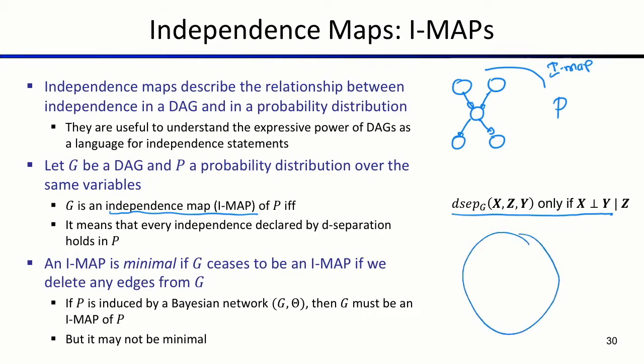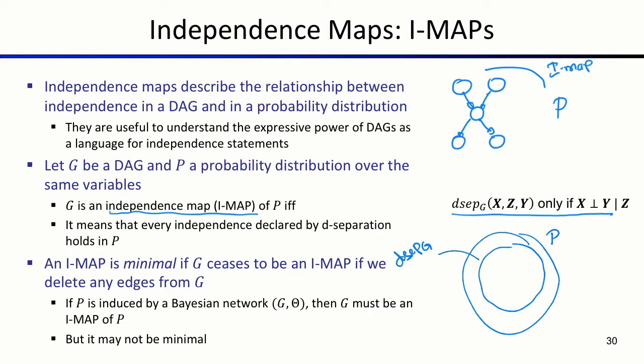So if this represents the set of all independencies that we have in the distribution P, we can look at the separations that we can find in the graph G, and the separations will be a subset of all the independencies that we have.